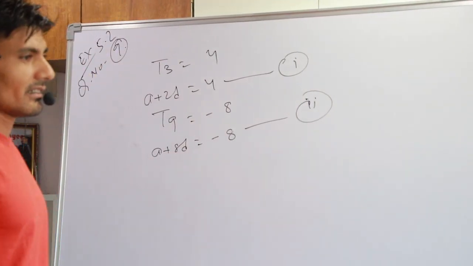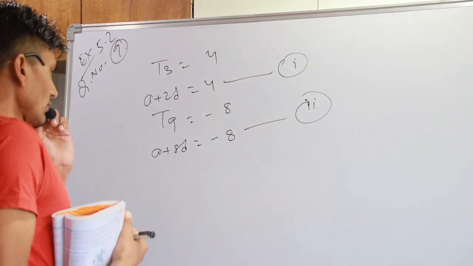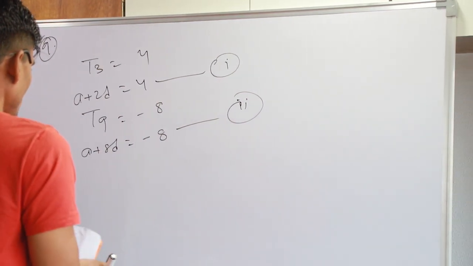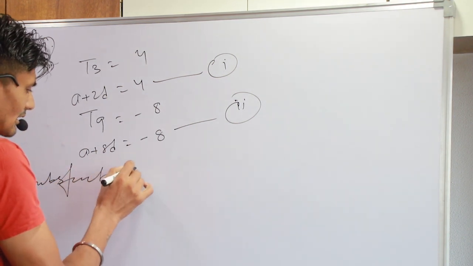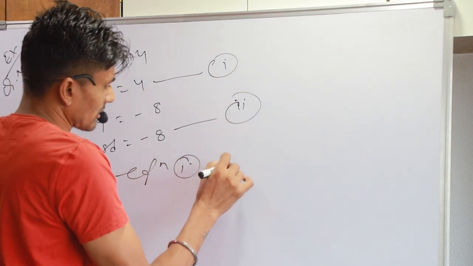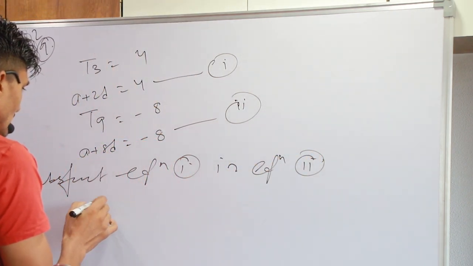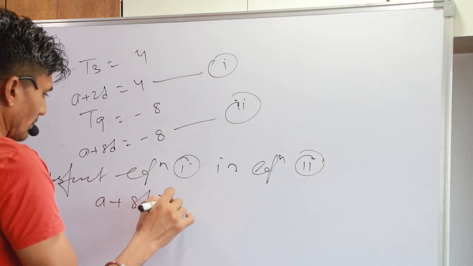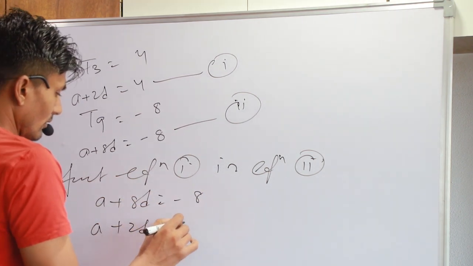We have to do something with equation 1 and 2. Subtract equation 1 from equation 2. Then we write A plus 8D is equal to minus 8 and A plus 2D is equal to 4.